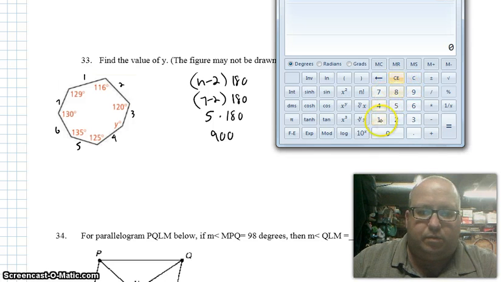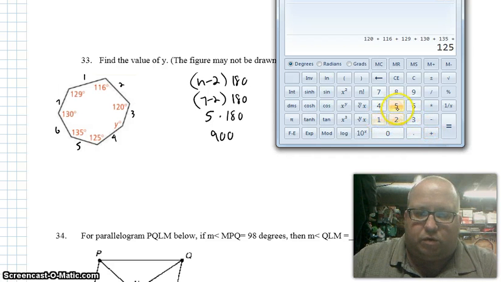I messed it up. One more time. 120 plus 116. Oh, I'm going the other way this time. Plus 129 plus 130 plus 135 plus 125.